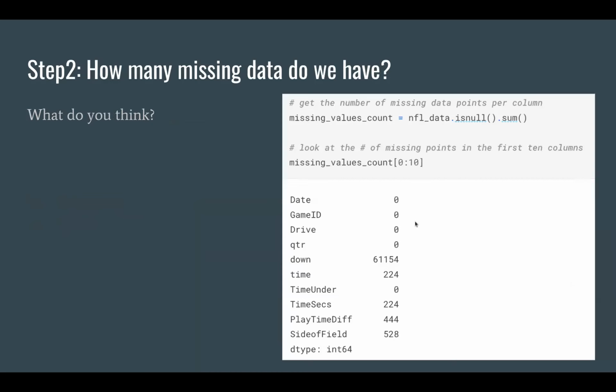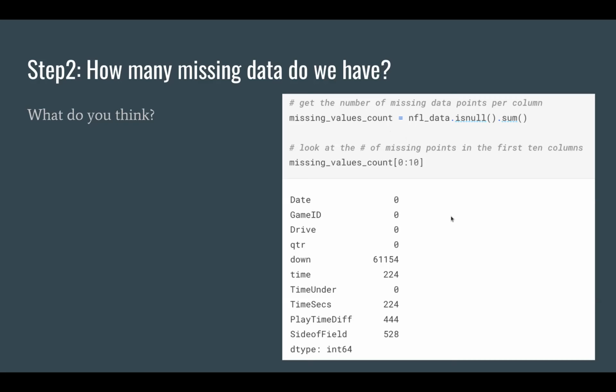Now, step 2, how much missing data do we have? Now that we know that we do have some missing values, let's see how many we have in each column. If you do NFL data dot isnull dot sum, you will see that the missing value count is quite a lot.